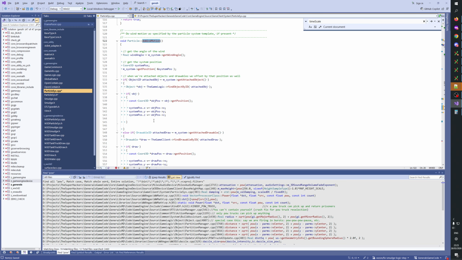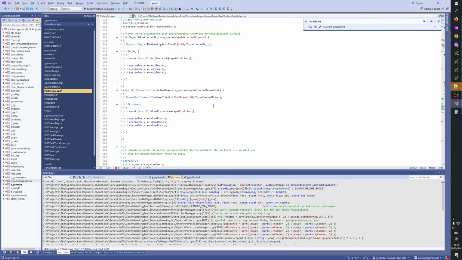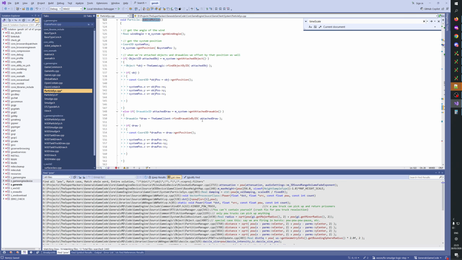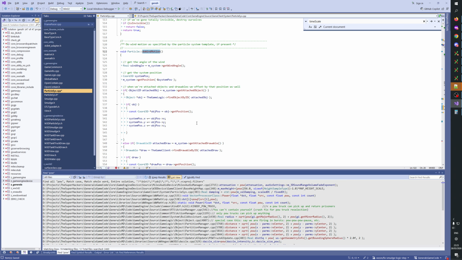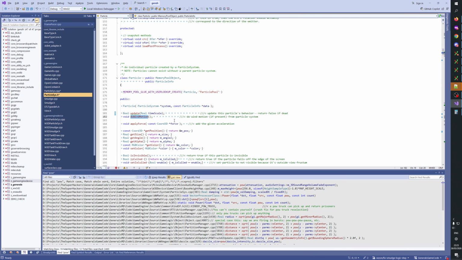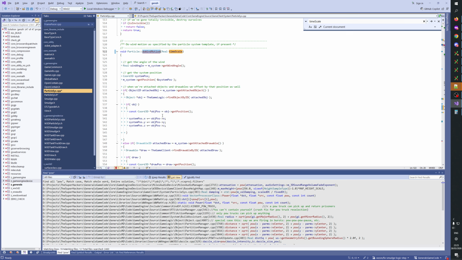Then here we also need a real time scale. Okay, position, object, and then plus equals time scale.